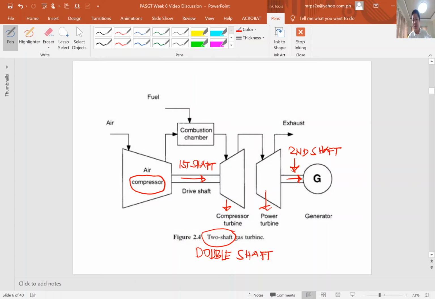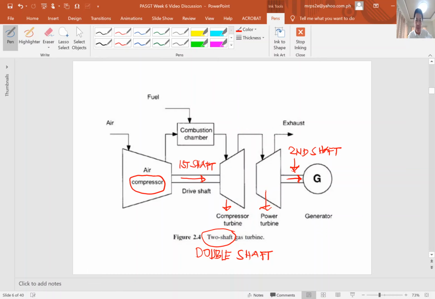So they are not directly connected. They are unlike the single shaft, which is the shaft connected to the compressor and to the turbine and to the generator directly. But in a double shaft, they are separated.